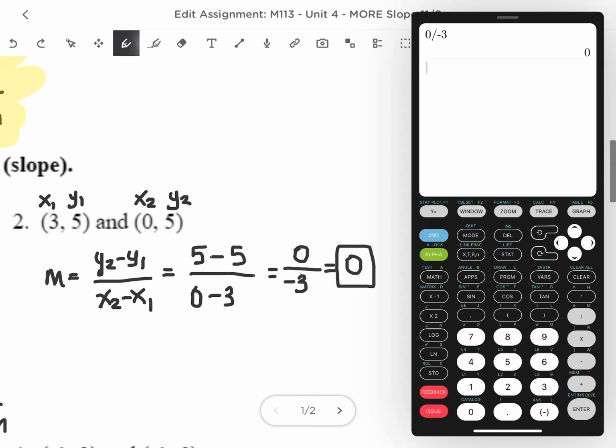What we're going to notice here is that our 2 5s are the same. If you remember back when we did HOY, HOY means if my y's are the same, then my slope equals 0.